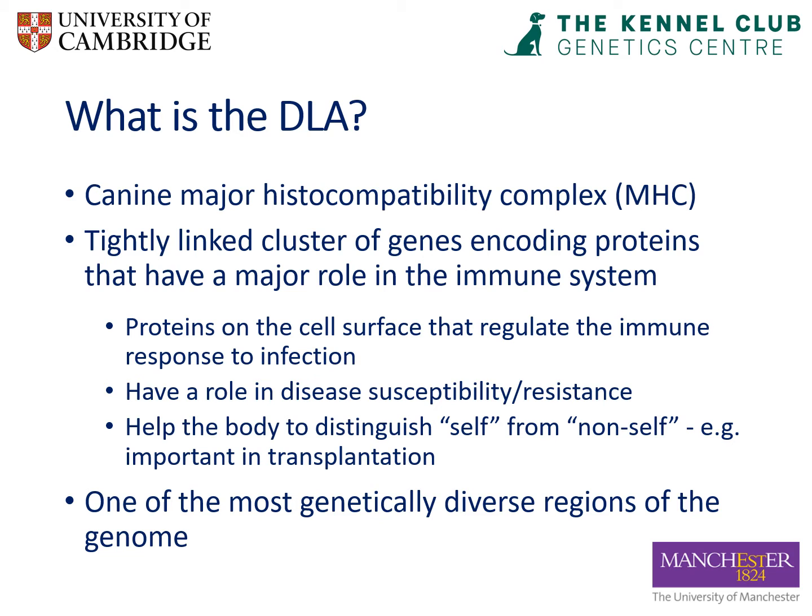So you've probably heard of tissue matching when individuals are compared prior to transplantation, and this is based on the MHC. It's one of the most genetically diverse regions of the genome, so there are huge numbers of variants in the genes that are involved in the antigen presentation, and that is the case in the dog as well, which I will go on to show you.